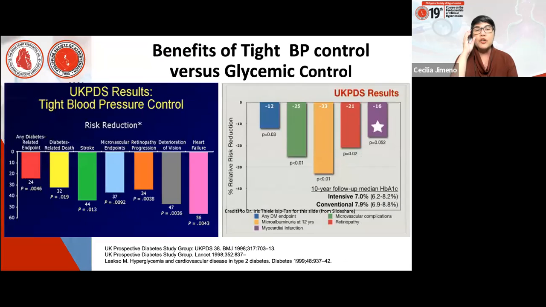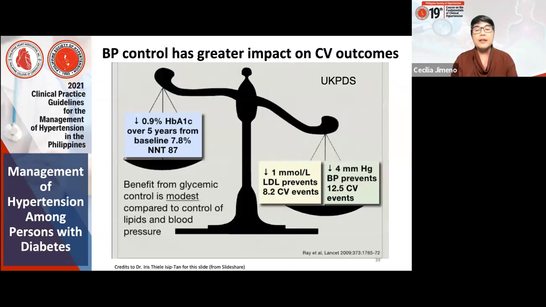If we take a look at the UKPDS trial, where they did both tight BP control as well as tight blood sugar control, we found out that it is actually the better blood pressure control.